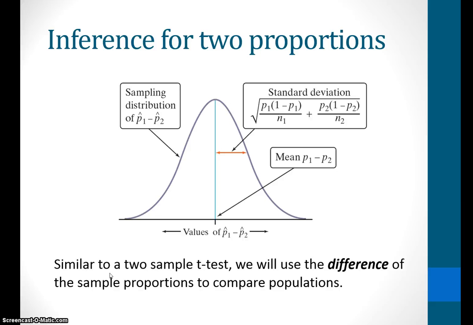We believe p1 hat minus p2 hat is normally distributed, and this picture depicts that with a standard deviation above and a mean of our true population difference of p1 minus p2.